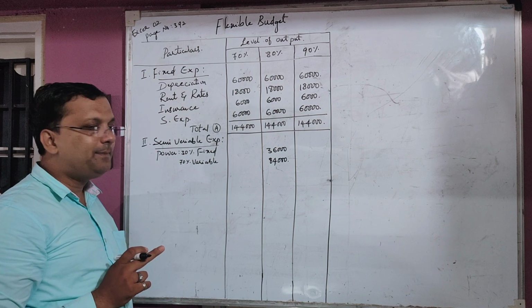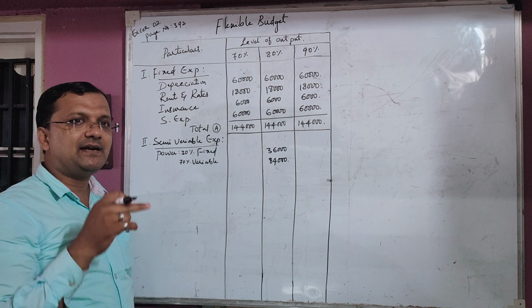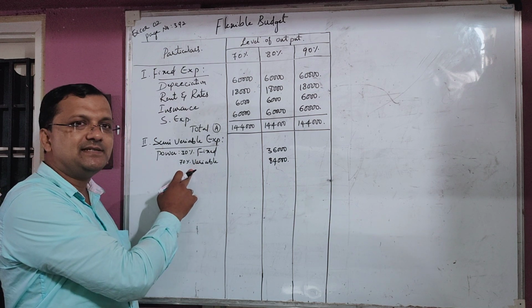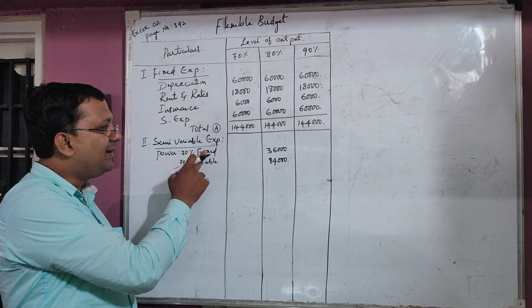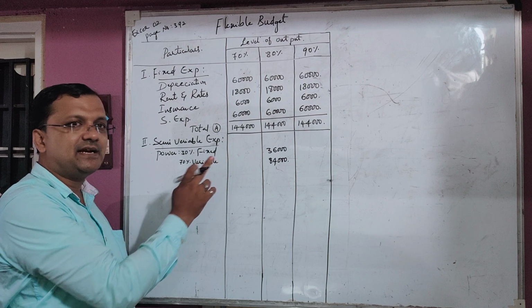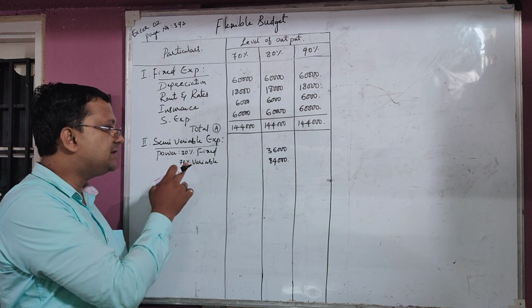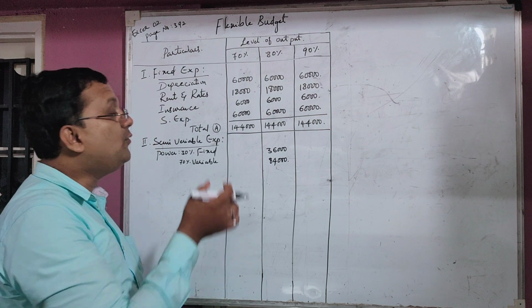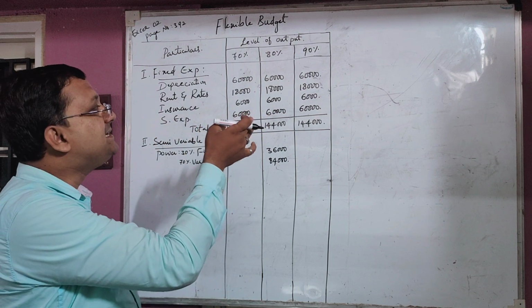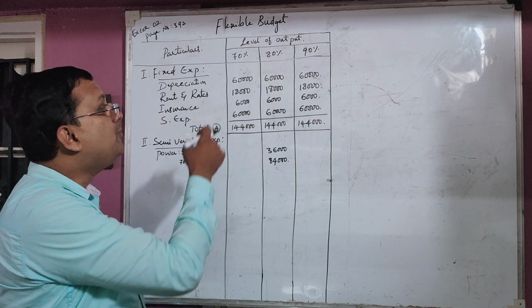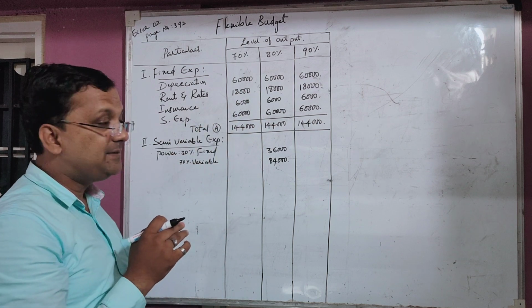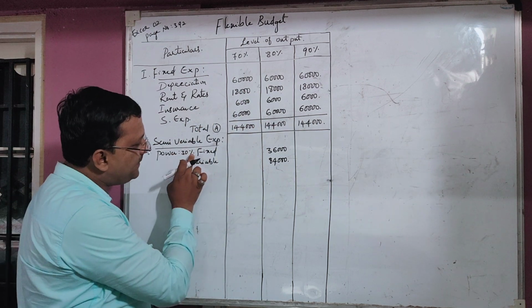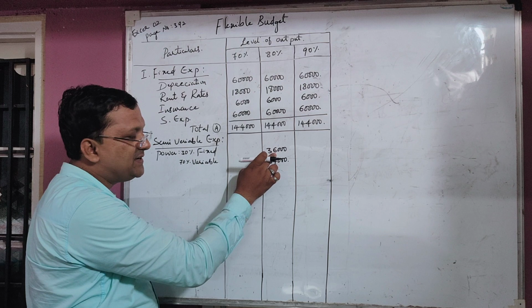Then 30% fixed they have been given. It is understood that 70% is variable. Then 1,20,000 into 30%, 36,000. 1,20,000 into 70% is 84,000. Now you have to calculate how much it is for 70% and how much for 90%. But before that, fixed 30%, 36,000 is fixed.